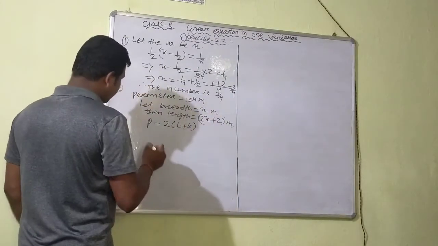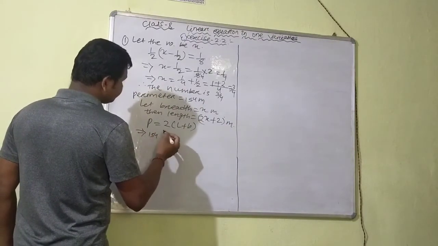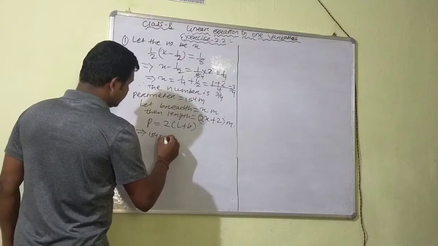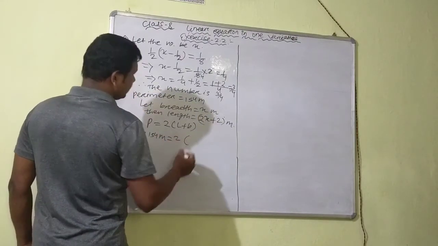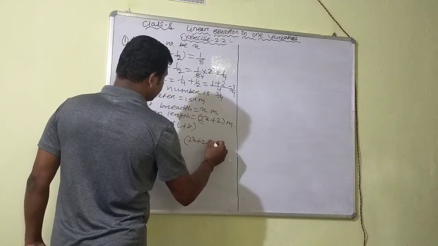Now we put the values. P equal to 154 meter. Then it's 2 whole of length, which is 2x plus 2, and breadth is x.